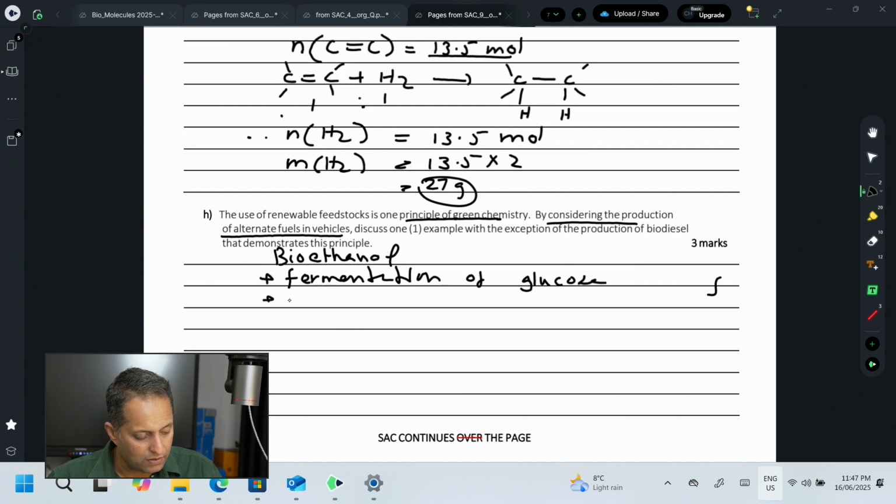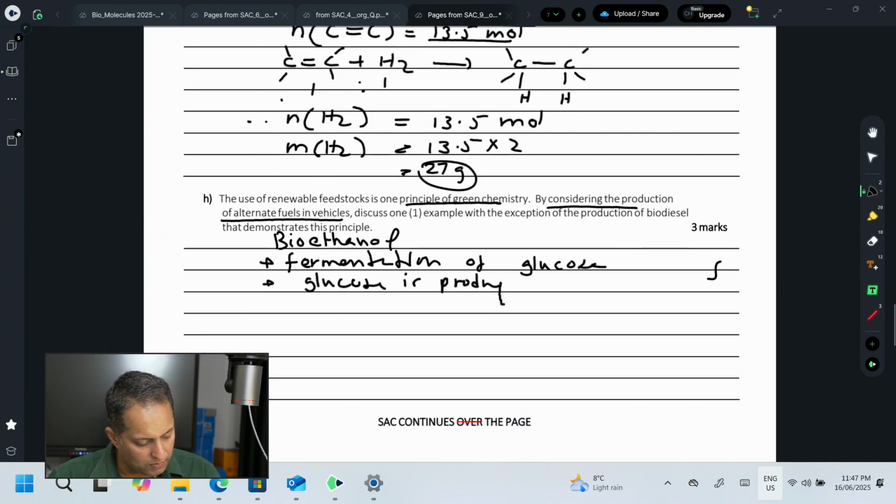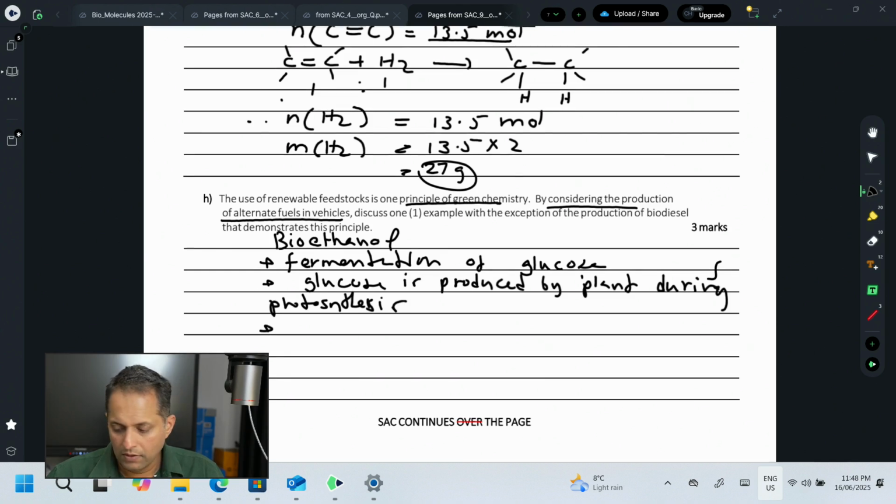Then you can say glucose is produced by plants during photosynthesis. So then you can say renewable. Why do we have to say renewable? Plants can be grown within a shorter period of time.